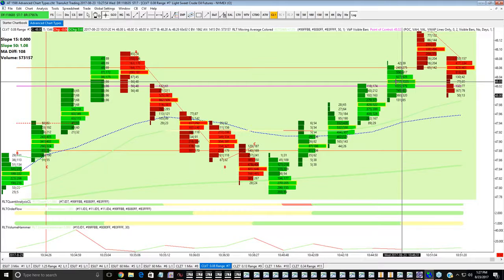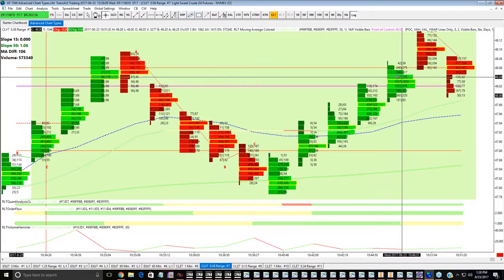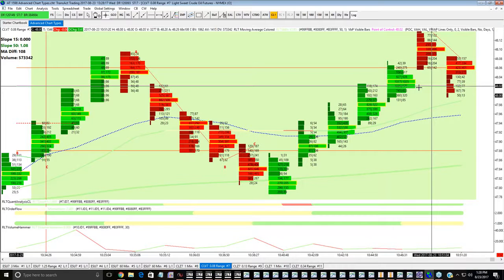And you'll notice the point of control crosses resistance. So the most volume, the most intense buying is occurring above resistance, and surrounding it are intense buyers. That's what you need to break this area of resistance.